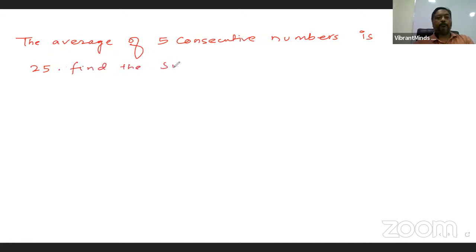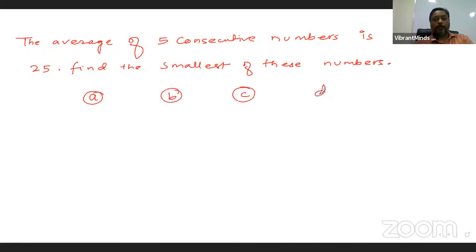Find the smallest of these numbers. Also, I am giving you 4 options. Option A, option B, option C, option D. And I'm giving you 21, 19, 25, let's say 29.